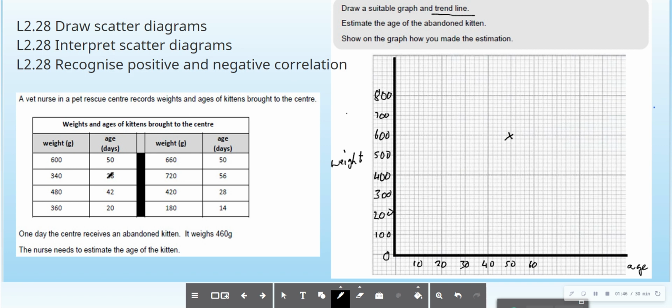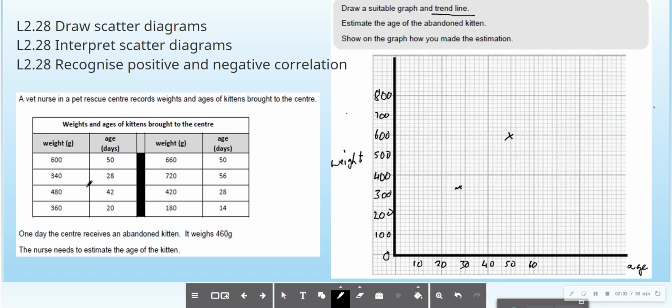Weight 340, age 28. So 340, each of these is 20, so 20, 40, and then age 28. So here.